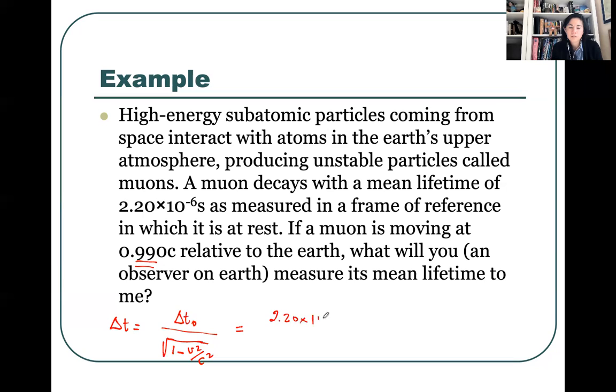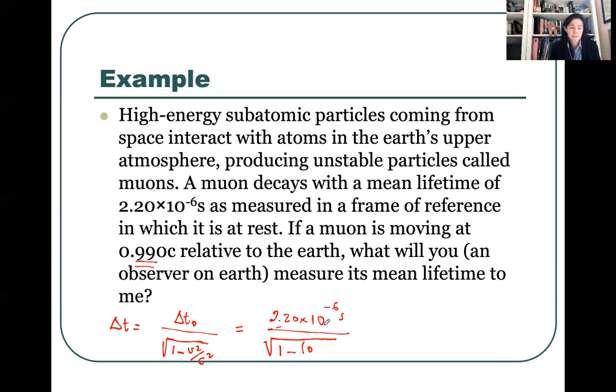So that's our 2.20 times 10 to the negative 6 seconds divided by the square root of 1 minus. Here the v is the speed relative to the Earth. So we saw that this is 0.99 times c, because we're on the Earth and the muon is moving at 0.99 c relative to the Earth.